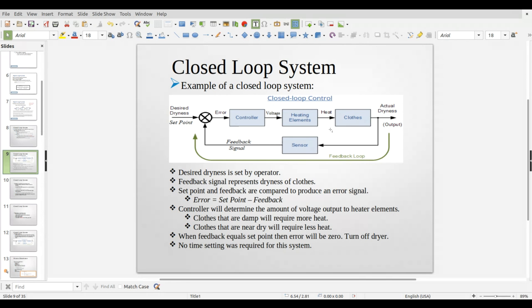But the sensor is going to sense, hey, there's more moisture in here, and so the controller is going to continue running until it removes all that moisture.